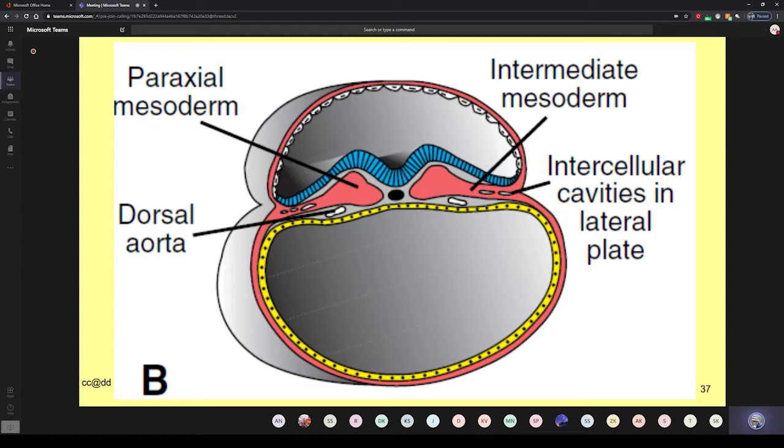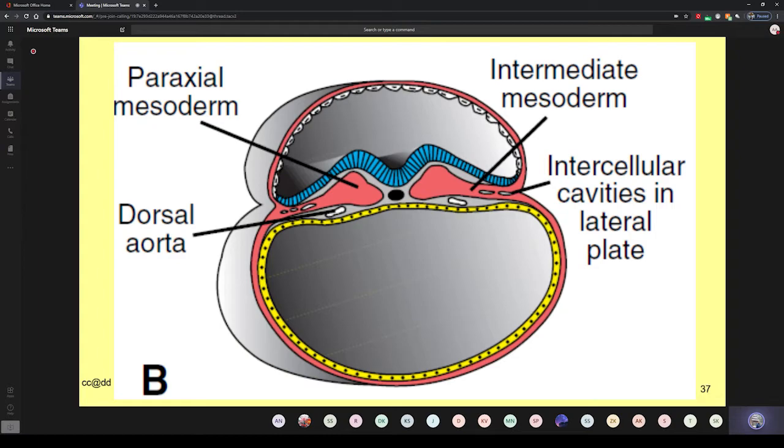Don't talk about the cavities now. Just see the lateralmost part. What you see is lateral plate. Fine. Now, if I have one medial and one lateral, between the two there is a narrow area that is called intermediate mesoderm. So the summary of this picture is that there are 3 subdivisions of intraembryonic mesoderm.